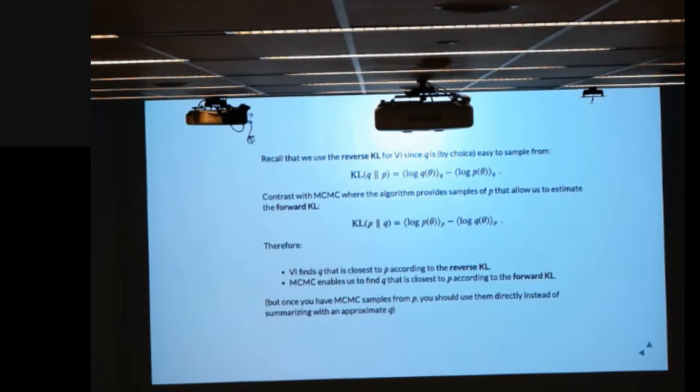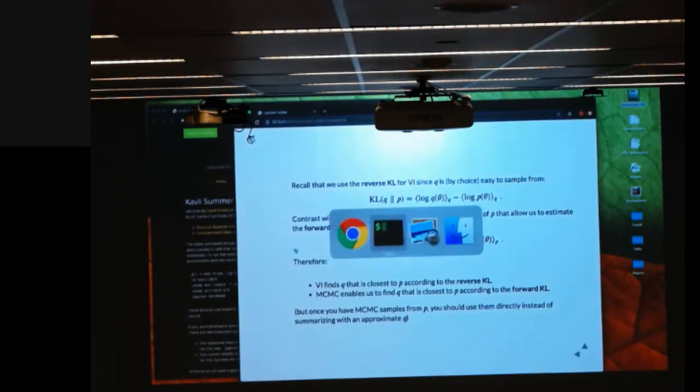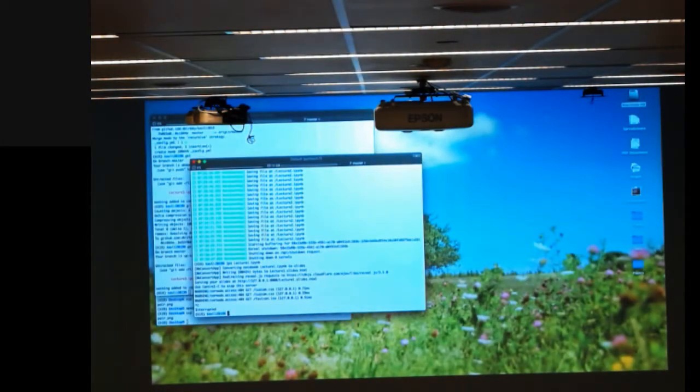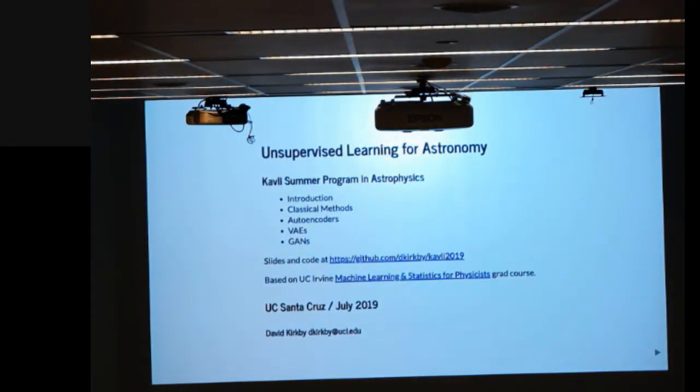Okay, so I'm going to change gears now and start on the second lecture topic. I think as we go through this, it'll be clear how this topic is intimately related to what we were just talking about.